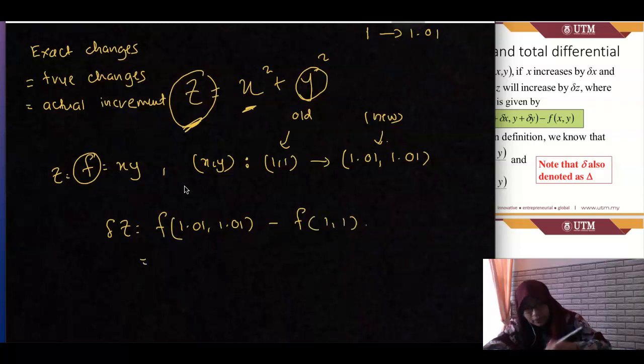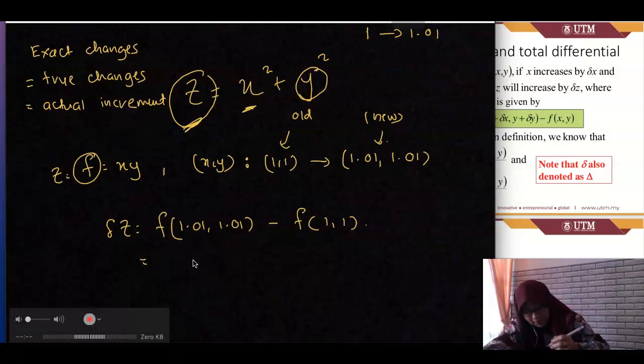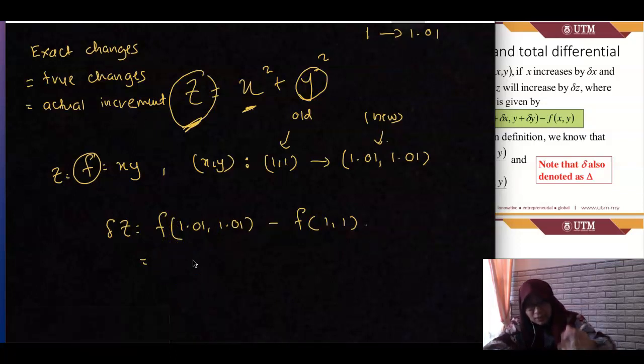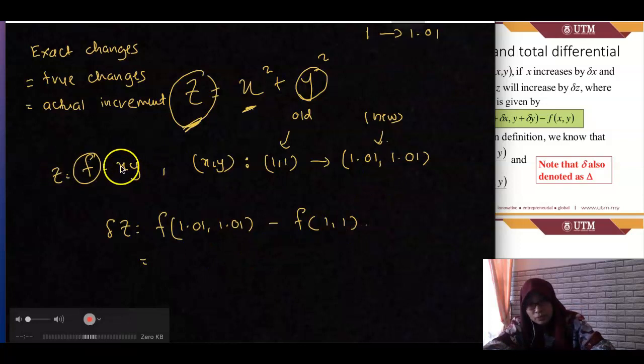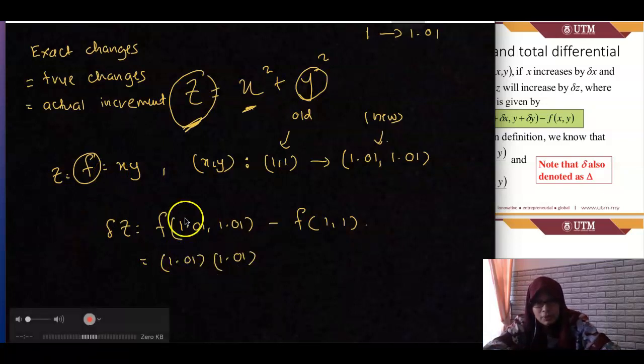Using the new values, you have 1.01 multiplied by 1.01, since the function is x multiplied by y, then minus the old value, x equal to 1 and y equal to 1, and the answer is 1.